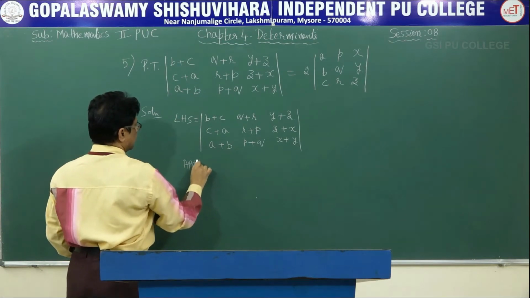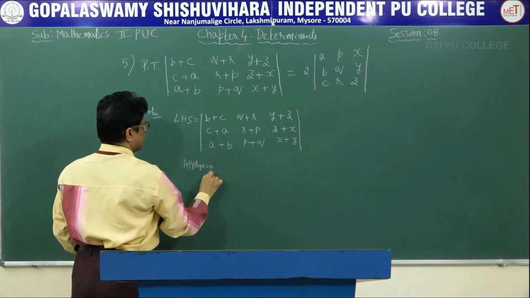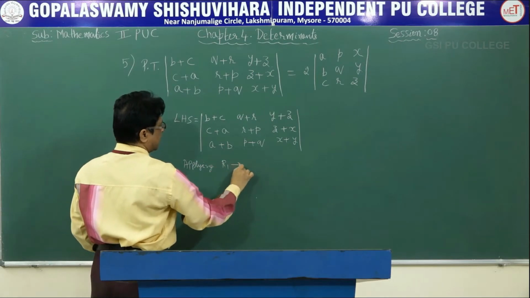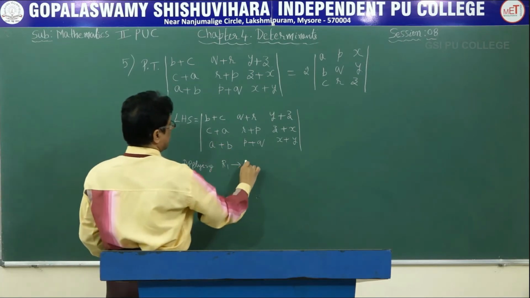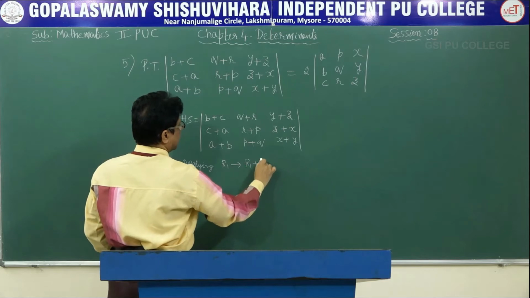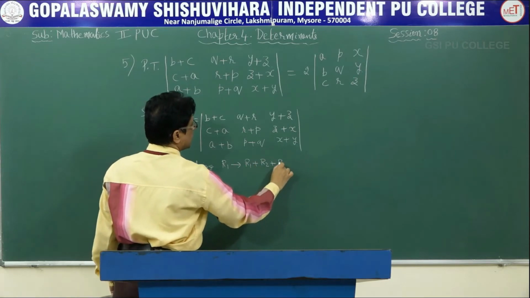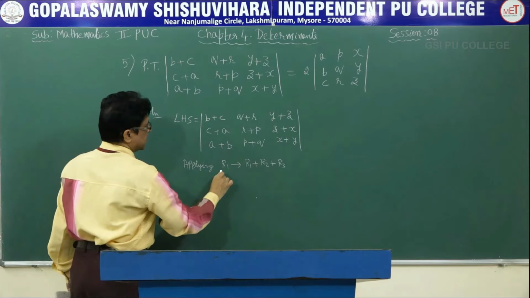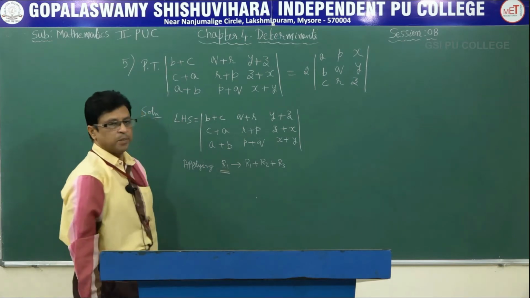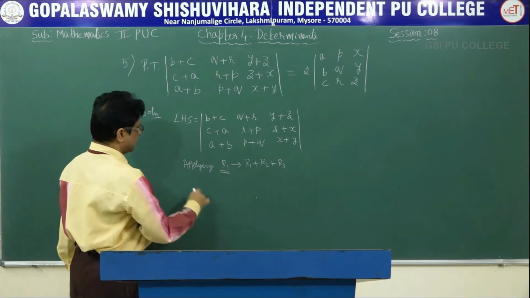So, applying R1 by R1 plus R2 plus R3, that means the change is taking place in R1.